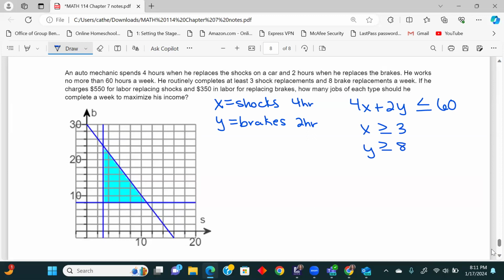If he charges $5.50 for the labor on shocks and $3.50 for the labor on brakes, how many jobs of each type should he complete a week to maximize his income? So we want to maximize, so we want to make the most money: 550x plus 350y.